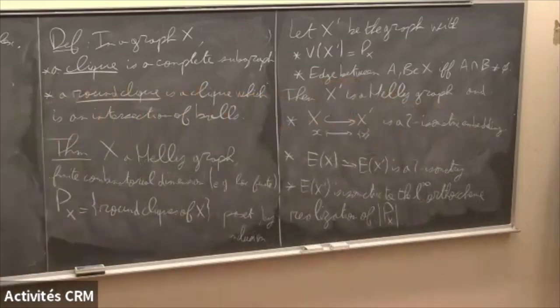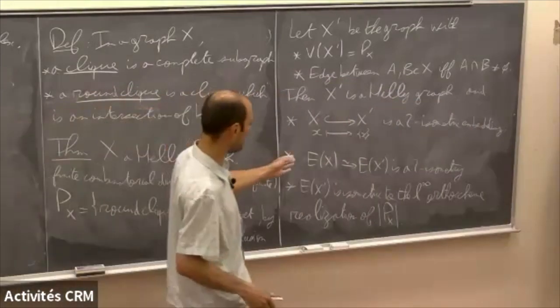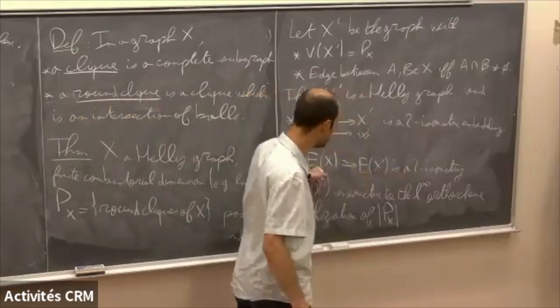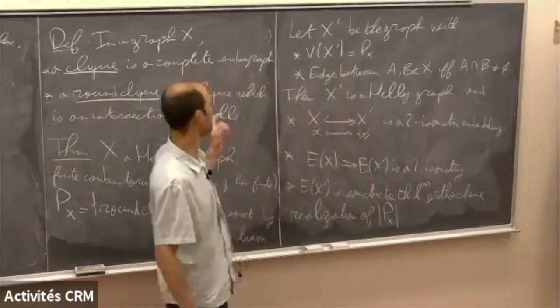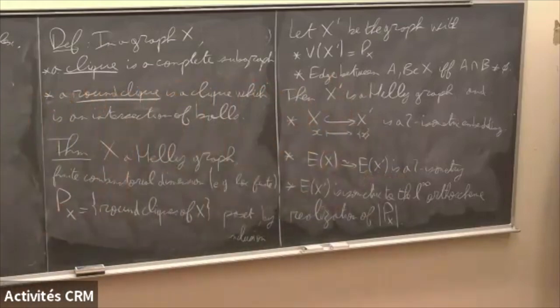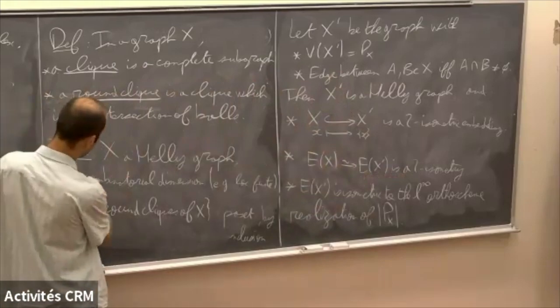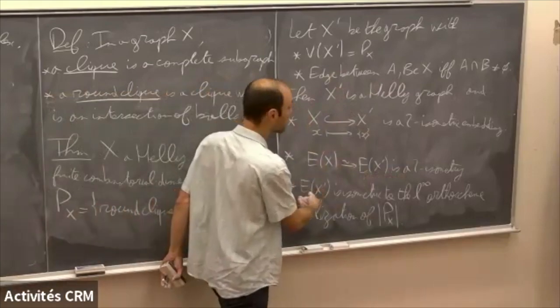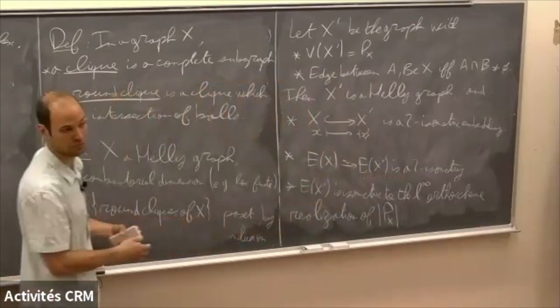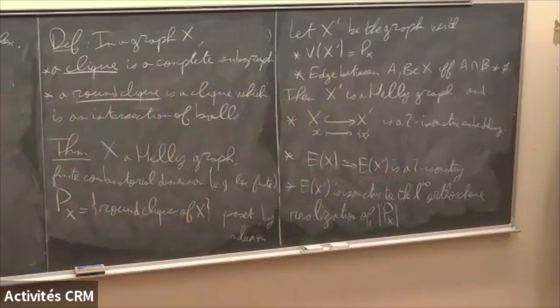So I have a very concrete simplicial structure on the injective hull of X. It is the infinity realization of the percept on a very explicit percept, the percept of all round cliques. In fact, the combinatorial dimension of the Helly graph will be the length of the longest chain of round cliques. It could even be easier to compute in some examples.